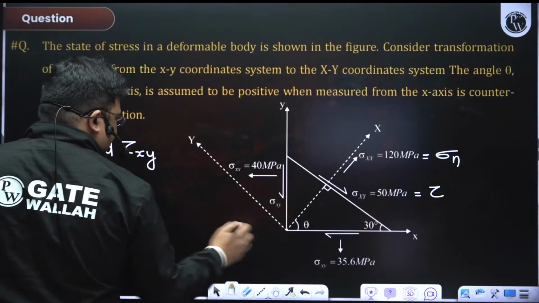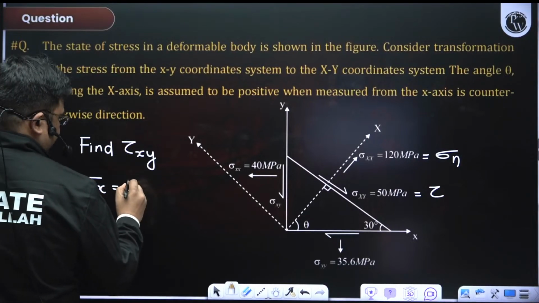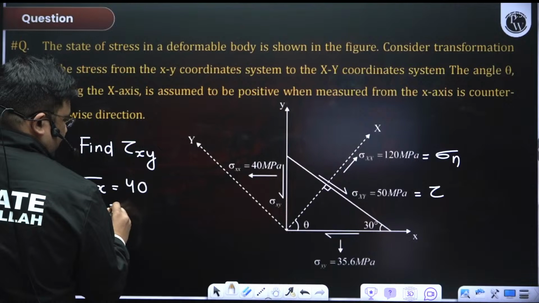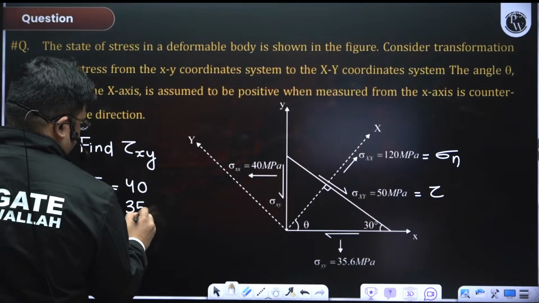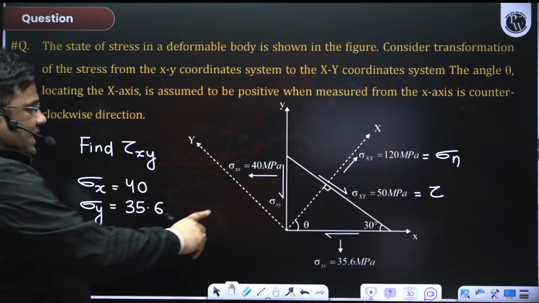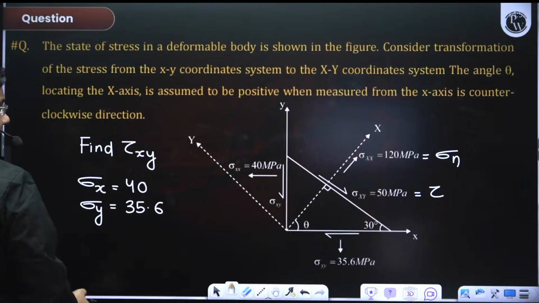Sigma x and sigma y are given. Here the catch is you have to take the angle correctly.